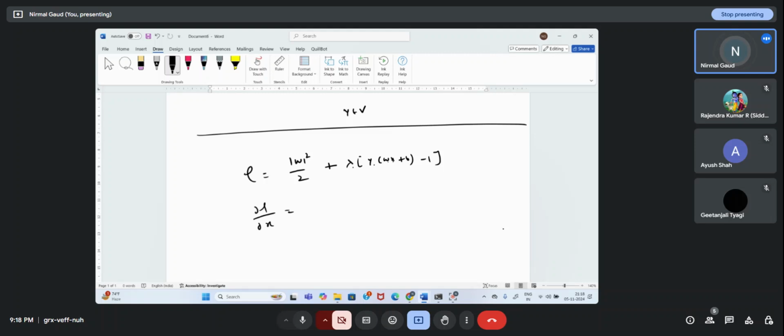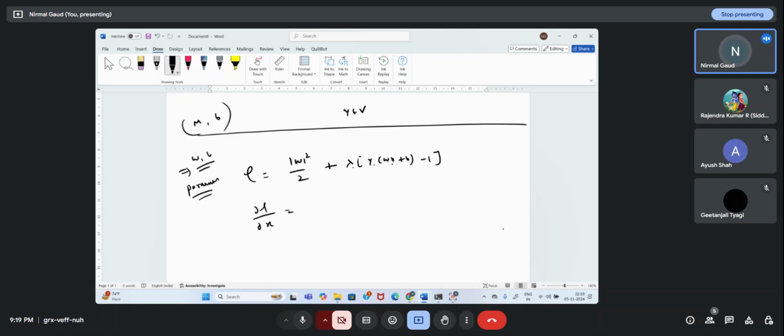Now I do have a question, whether we have to differentiate with del L by del X or del L by del W, where x and y are the variables. W and B are my parameters. And if you remember, in linear regression and logistic regression, we have M and B as parameters.